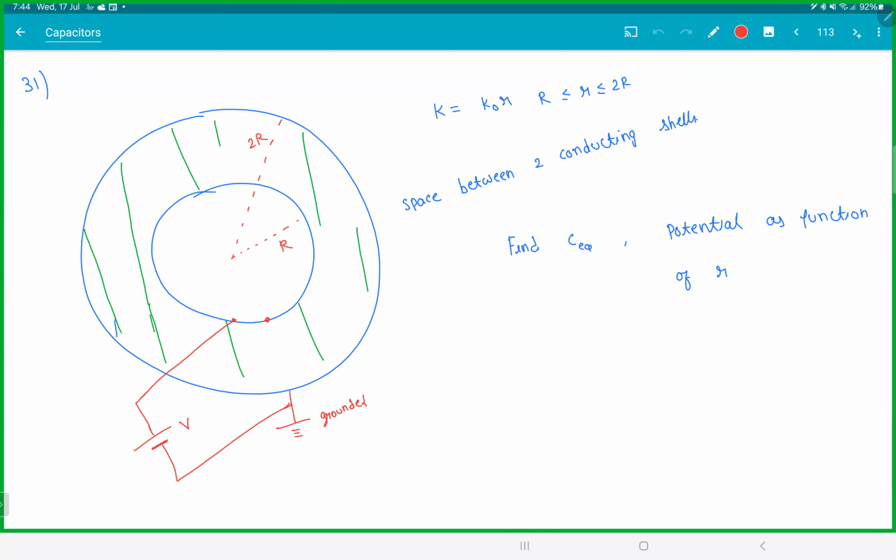Let's get this. K naught 4 pi epsilon 15 r power 4. I know what you did. You goofed up, I guess.